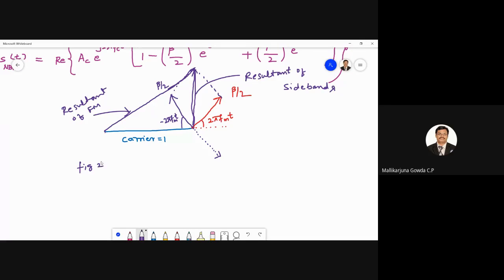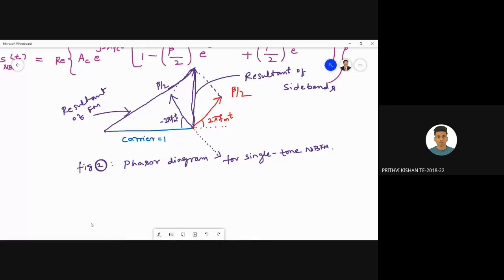I will write this is figure 2: phasor diagram for single tone narrowband FM. Yes, one minute I will give. Yes, what is the conclusion you can draw?